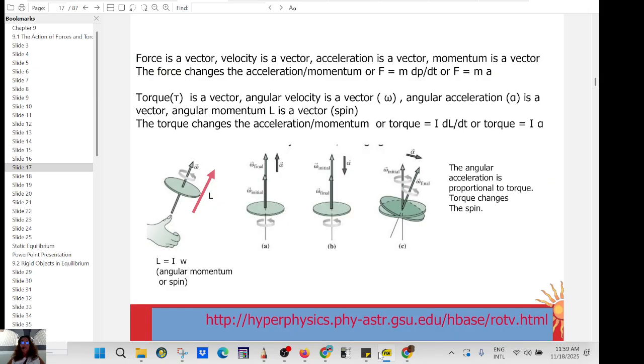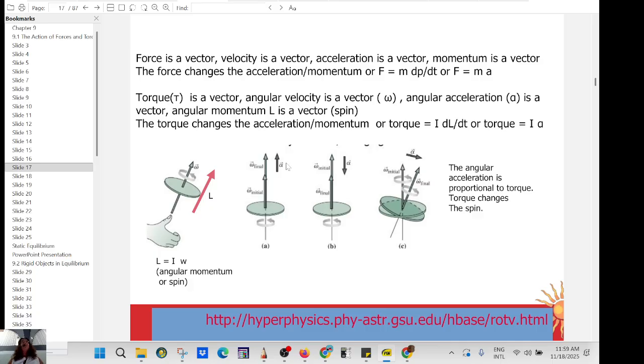So you see here, when something is spinning, the velocity has a direction. Now you can have an acceleration. That acceleration will make it go faster, slower, or change direction. You see the rate of spin is increasing, so it's spinning faster.